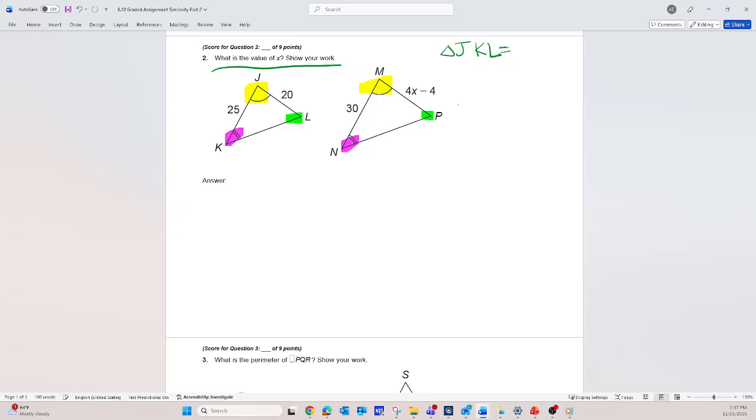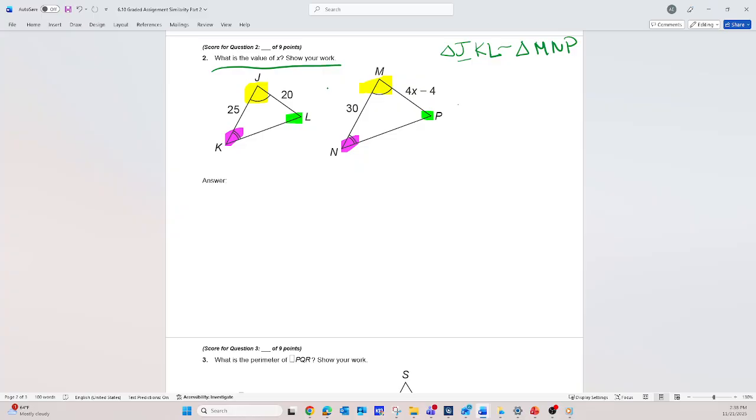So they're similar, right? Why would they be similar? Because one is bigger than the other one, okay? So triangle JKL is going to be similar to my triangle, following the order of the letters, M and P. Okay, so they're asking me for the value of X. So I'm going to do a proportion.